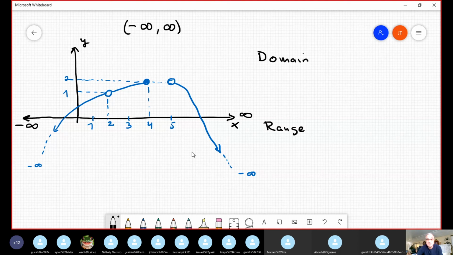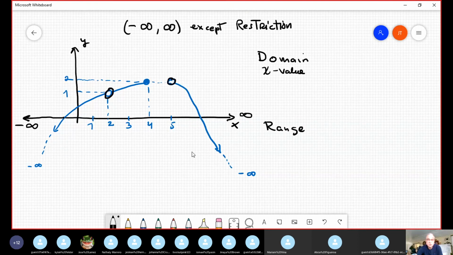Okay, domain, remember, is x. Domain is related to the x value. It's all real numbers except restrictions. And we have restrictions when it's undefined. So when you have, for example, holes, it's undefined.